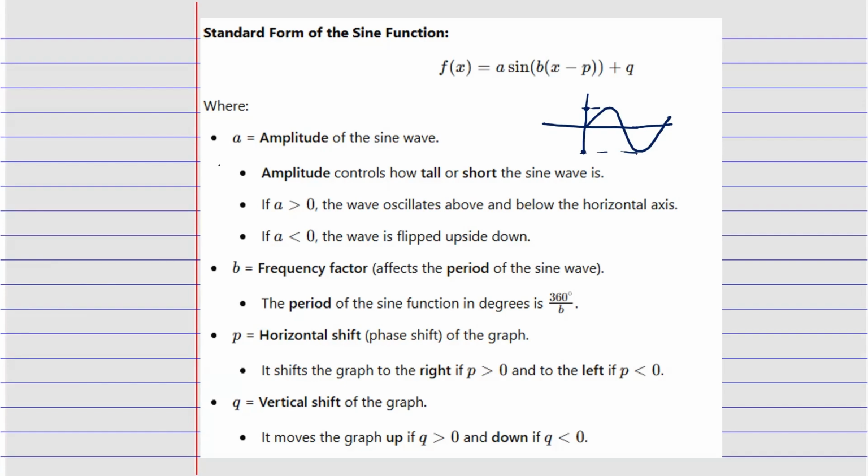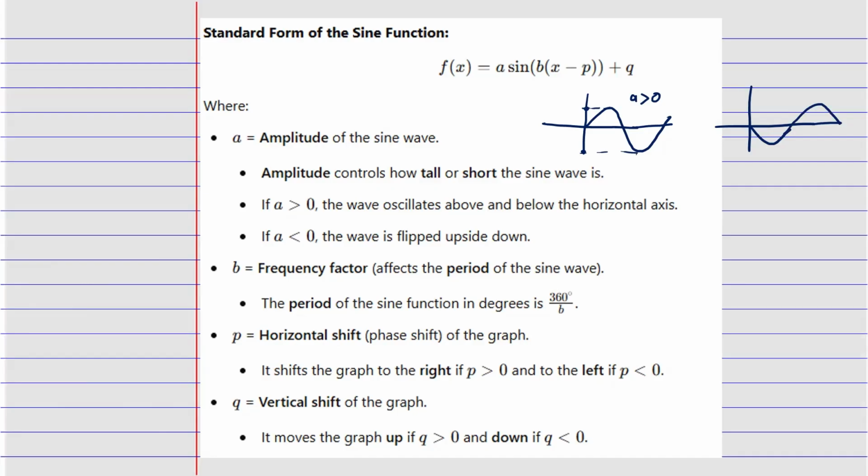Then if A is positive, this is how the graph is going to look. But this is when A is greater than 0. When A is negative, our graph is just going to flip to the other side, meaning the maximum becomes the minimum and the minimum becomes the maximum. Does that make sense? So it's going to look like this. Your maximum and minimum points are going to interchange. Does that make sense, guys?